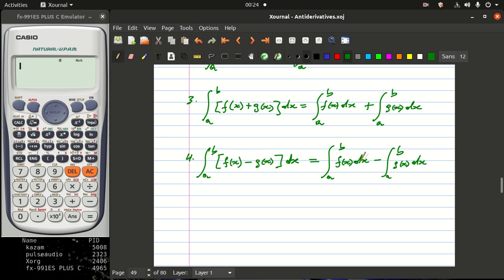When it comes to the product of two functions, that's actually a different case. Because if you have a product of two functions and you don't know their particular antiderivative, there is one method to do that, but it is not within the scope of this course.